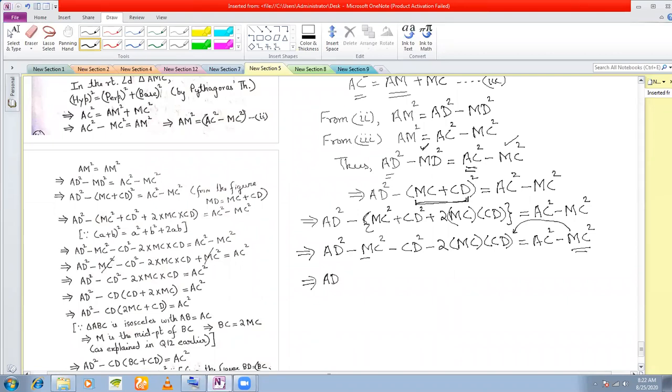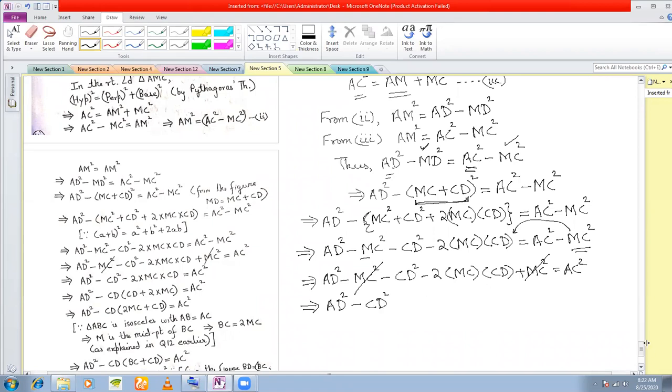So AD square minus MC square minus CD square minus twice MC into CD plus MC square is equal to AC square. So now what happens? This minus MC square and this plus MC square, they cancel. So you're left with AD square minus CD square.